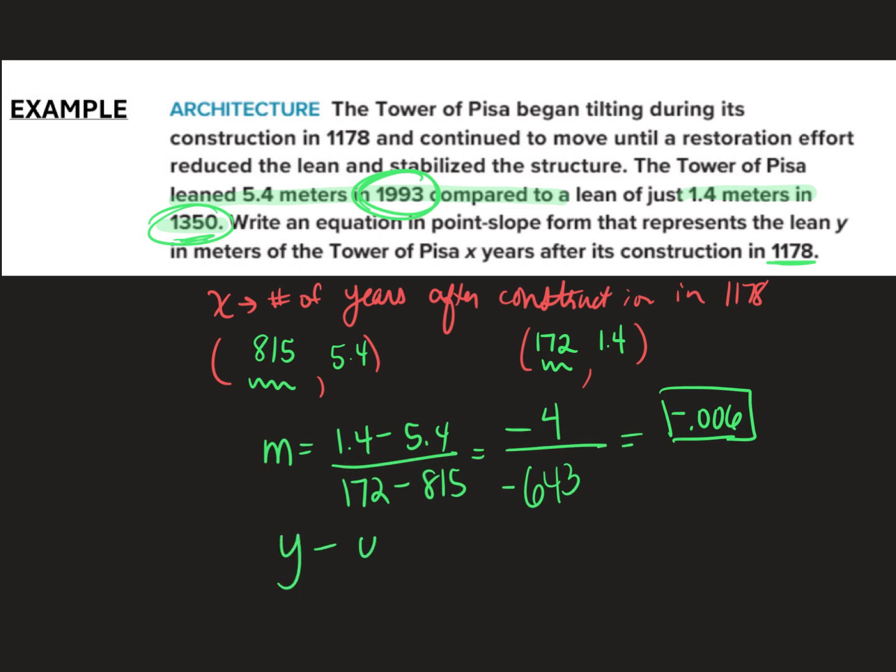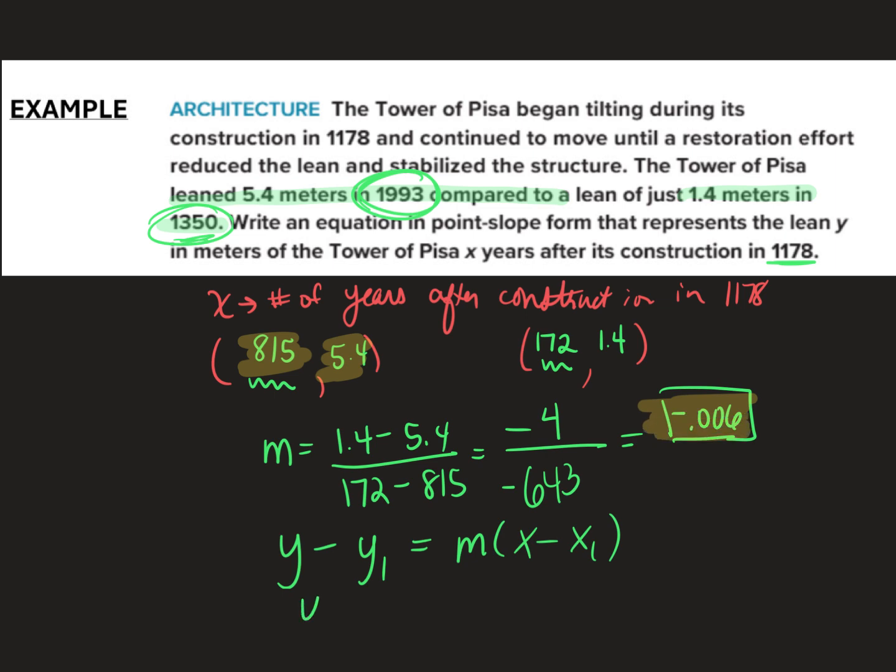Y minus y1 equals m times x minus x1, where my y1 is 5.4, my x1 is 815, and you could consider your other point your y1, your x1. So we're not necessarily incorrect if you choose the other one. And then our slope is 0.006.